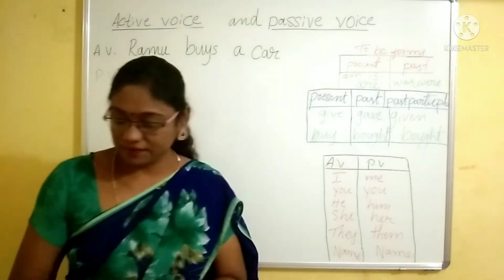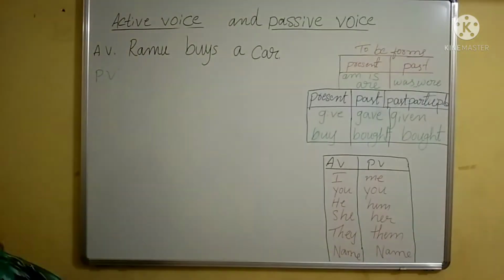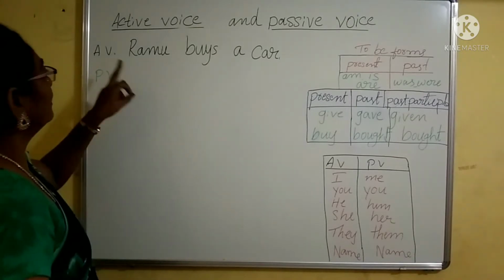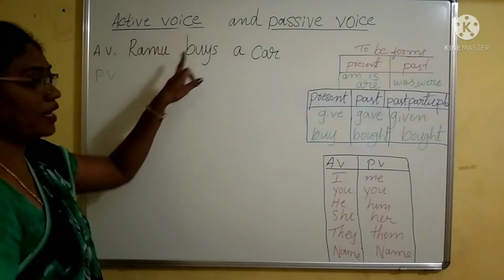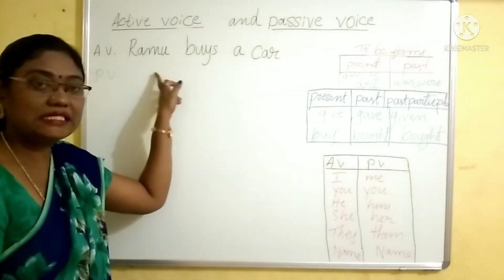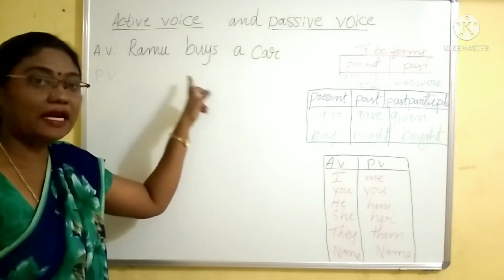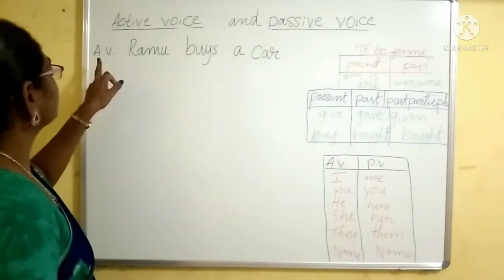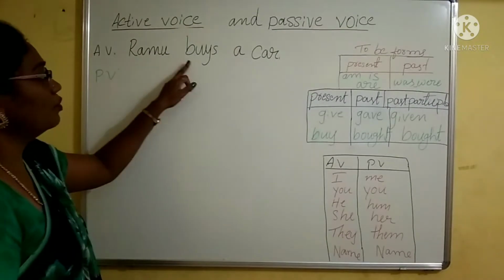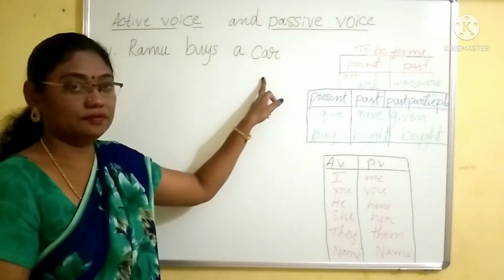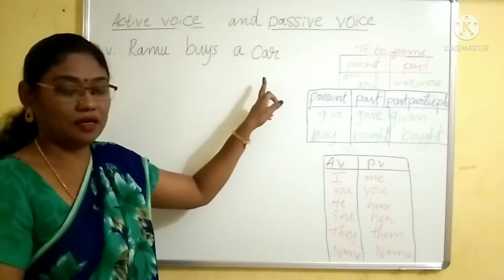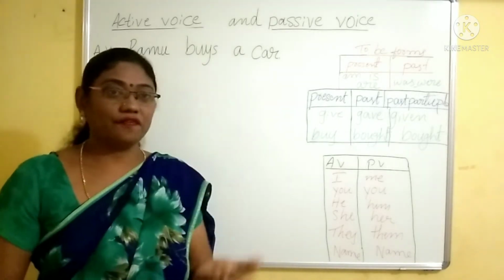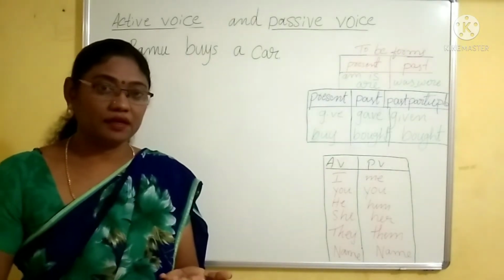Let me explain. Here, this sentence is in active voice: Ramu buys a car. What is the first step to be remembered?